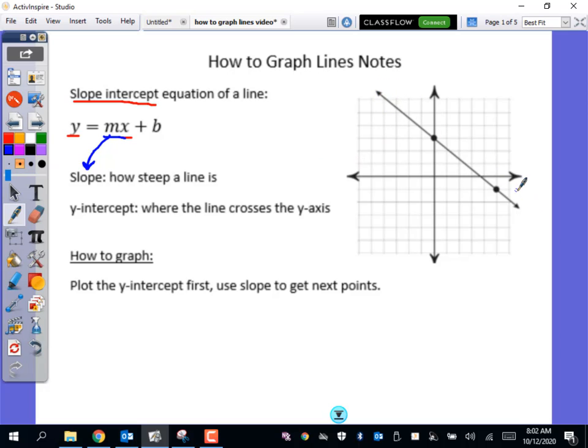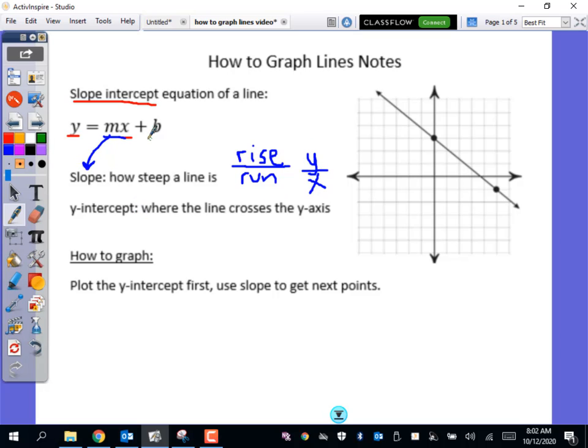So whether it's a pretty even slant like this line, or whether it's really steep, almost straight up and down, or whether it's more flat. So how steep a line is, and we know that's going to be rise over run. Rise over run. Slash, it's going to be your y numbers over your x numbers, okay?